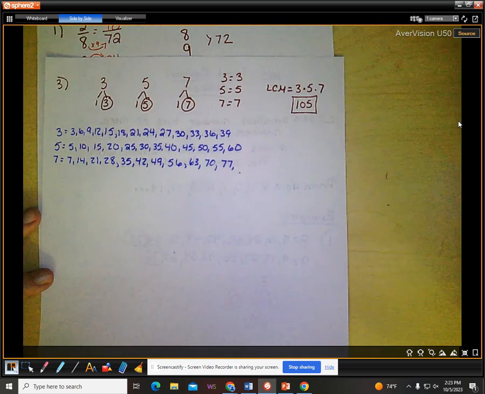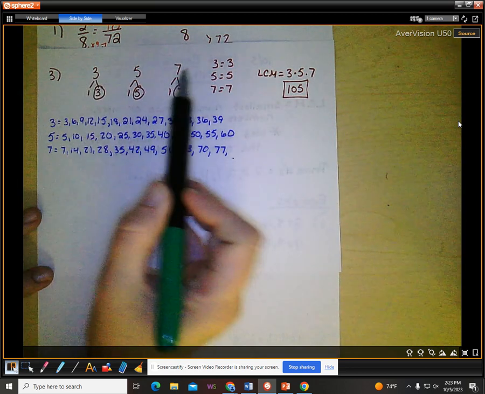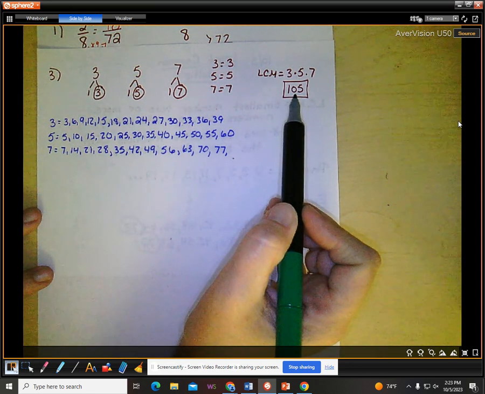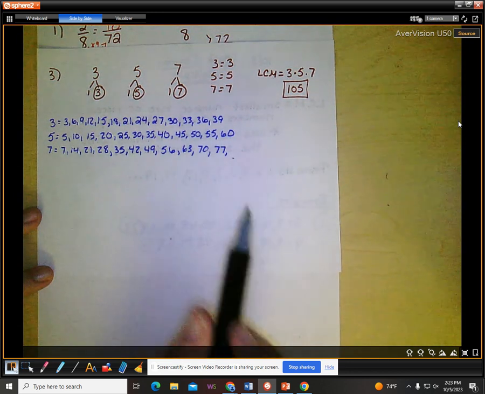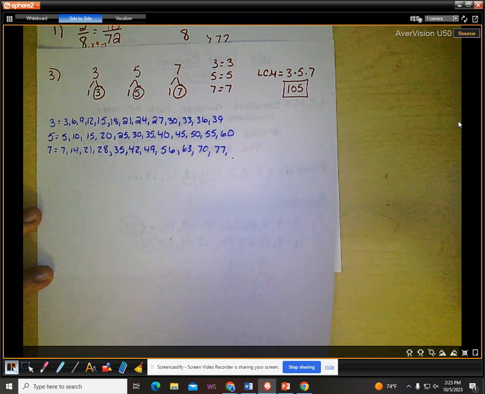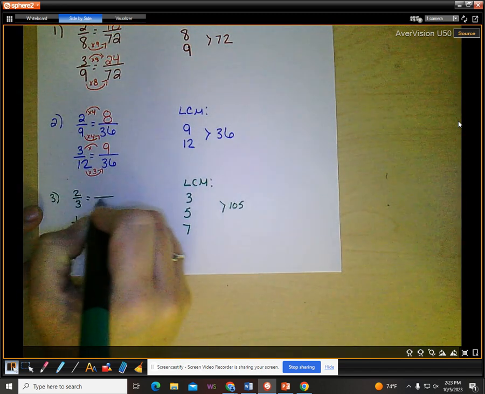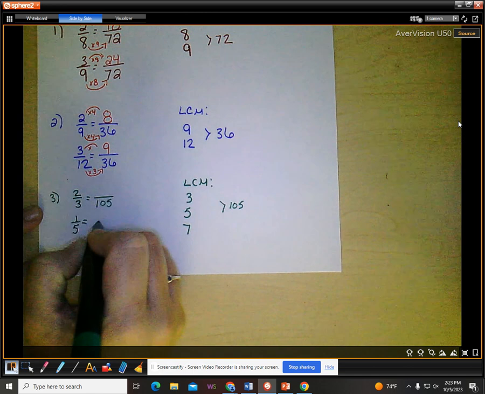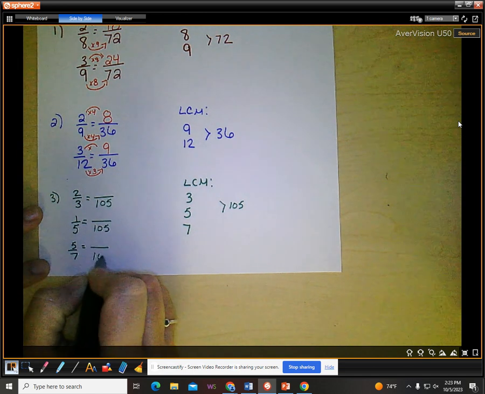Yesterday, this was the big long one. We found that the least common multiple for 3, 5, and 7 is 105. We only found it using factor trees because the lists were too long to do lists. So we're going to use 105 as our least common multiple. All of these fractions we're going to rewrite with 105 as the denominator.